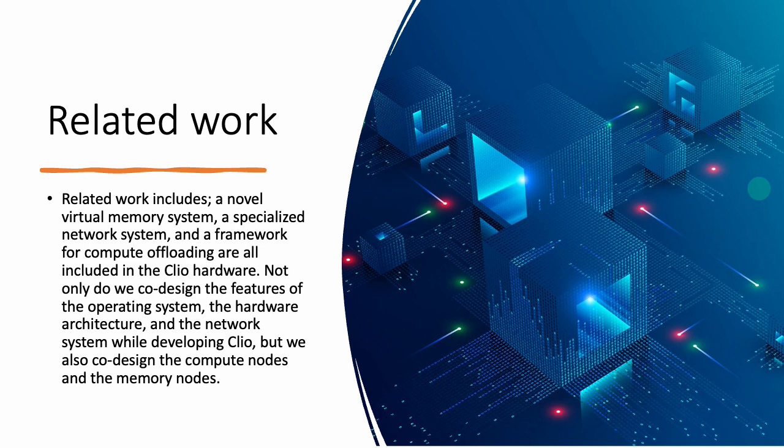We co-design the features of the operating system and the hardware architecture, and from that network system we can develop the Clio architecture. We can also co-design the compute nodes and the memory nodes in the Clio architecture by using different types of hardware.